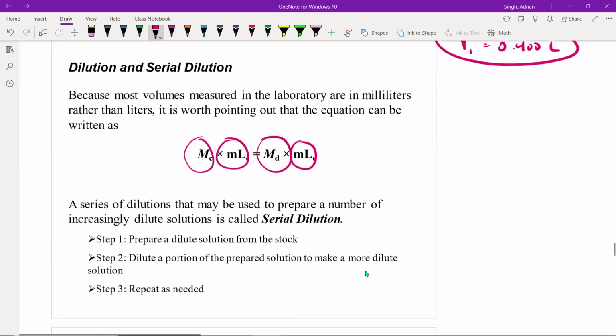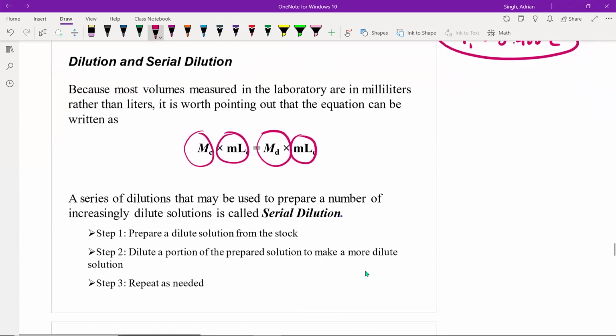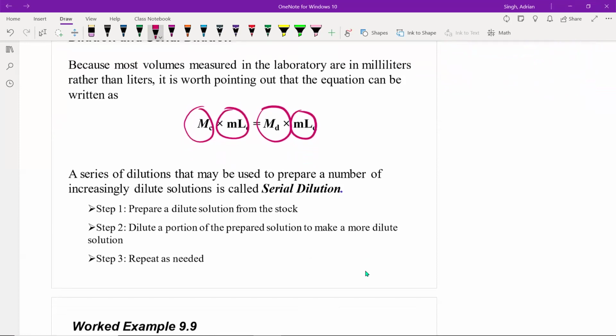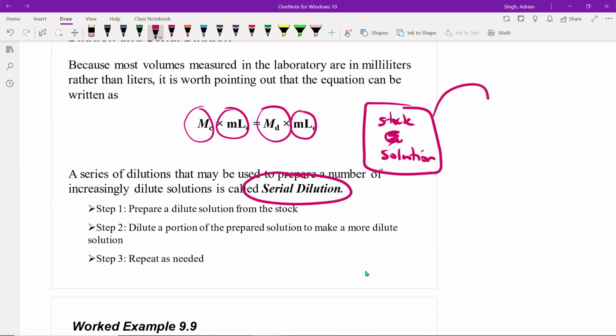Another technique, similar to regular dilution, is called serial dilution. In a serial dilution, we're going to start off with a stock solution. What we're going to do with that stock solution is dilute it. We're going to end up now with a new solution.